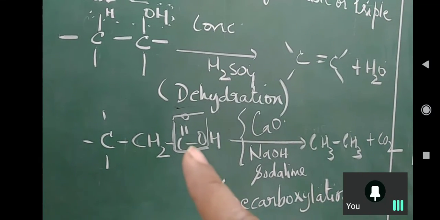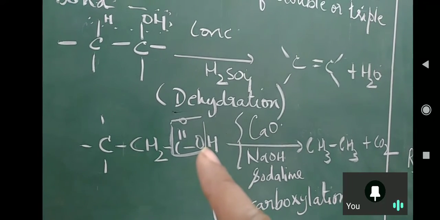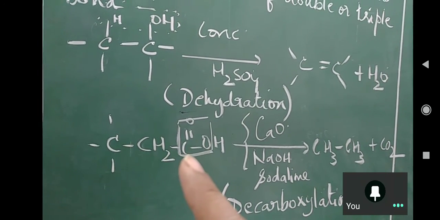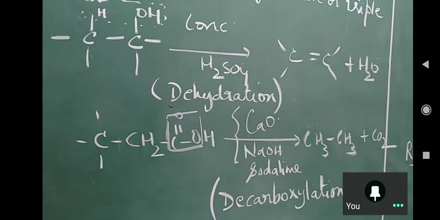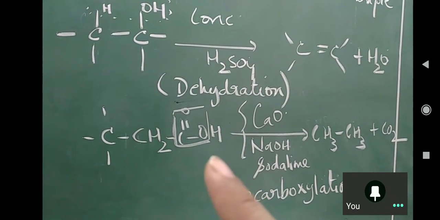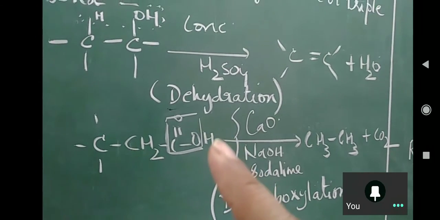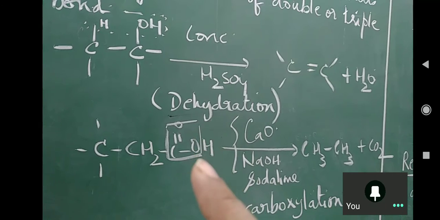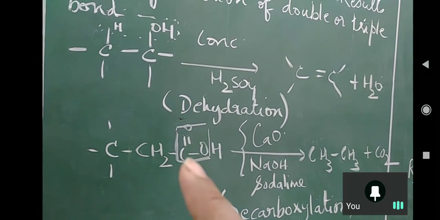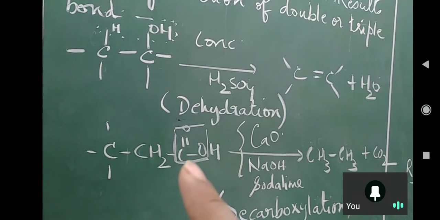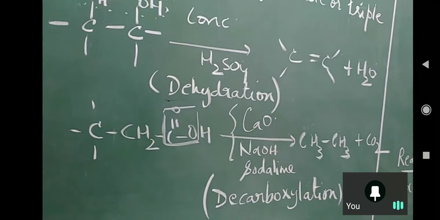Now see how carbon dioxide will be formed. This OH bond will break, and one valency of oxygen will be free. The carbon bond will break, and one valency of carbon will be free. They will overlap, and a double bond will be formed, C double bond O. You have done bonding now.